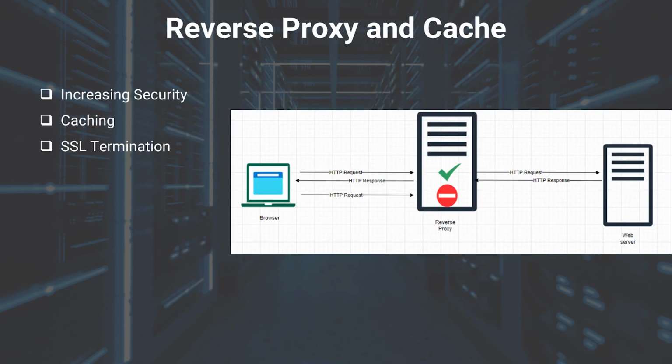Reverse proxy and caching are the other features of Nginx. A reverse proxy sits between the client and the web server, and the session will be terminated in the reverse proxy. Then we can have many controls here to allow or restrict traffic to the actual website.